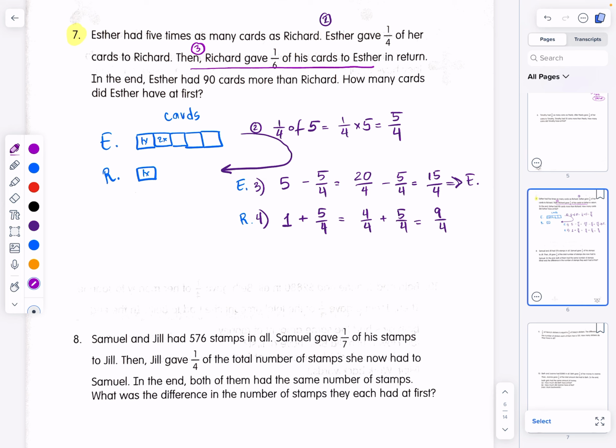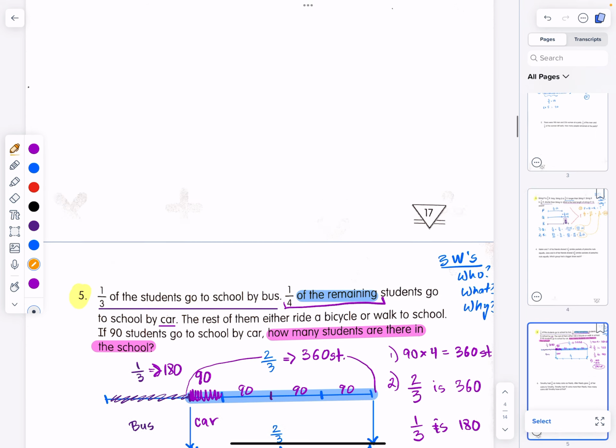Now, Richard gave away 1/6 of his 9 quarters, right? So it's 1/6 of, Richard now has 9 quarters. Therefore, Richard gave away, let's do, look at this.